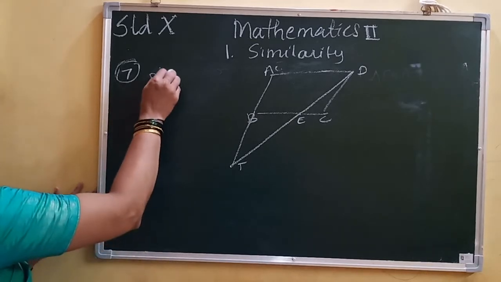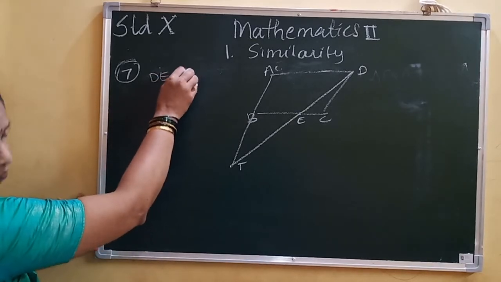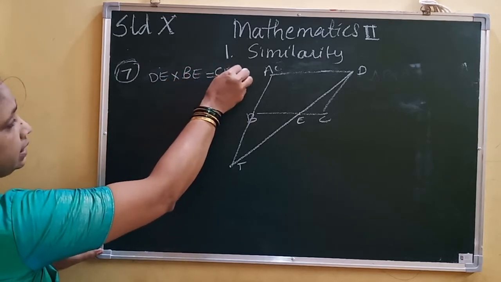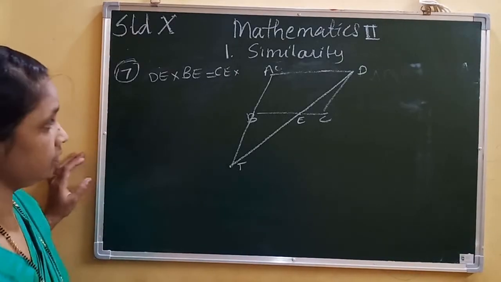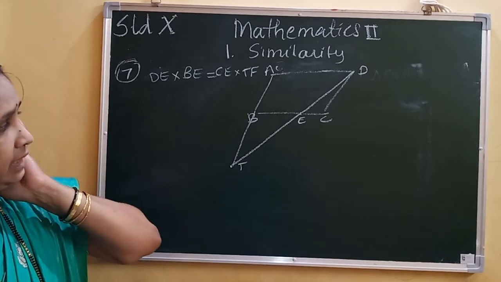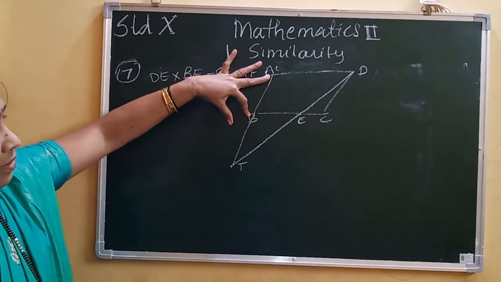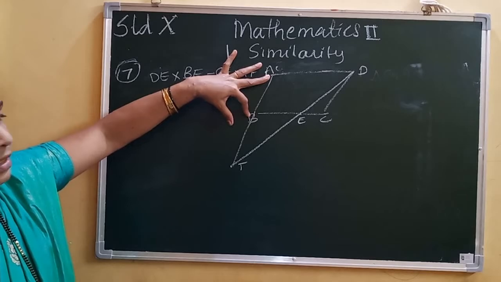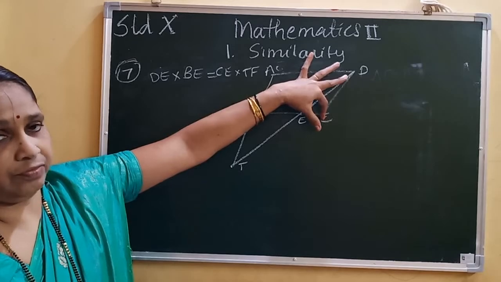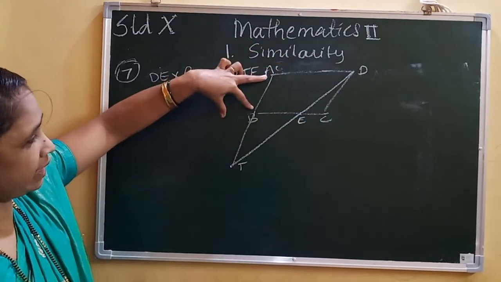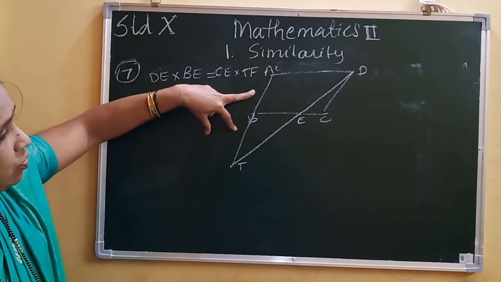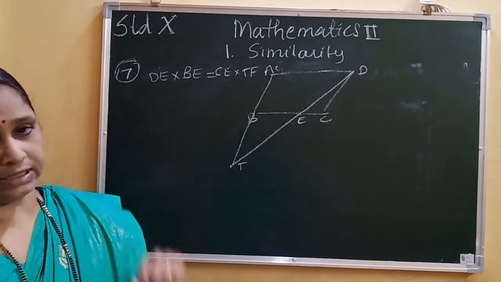It is given. Now what we have to prove is that DE into BE is equal to CE into TE. Okay, now see, we will consider side AB is parallel to side DC. If side AB is parallel to side DC, then this AT also will be parallel to DC.